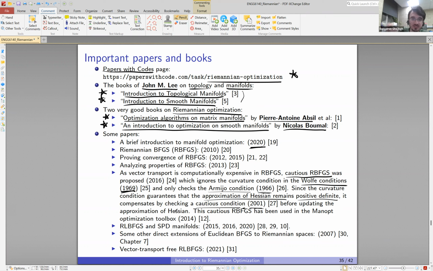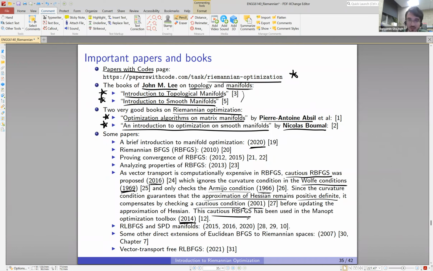Because BFGS is a quasi-Newton method, right? The cautious RBFGS has been used in the ManOpt toolbox nowadays. So ManOpt was proposed in 2014. Cautious RBFGS was proposed in 2016. When it was proposed in 2016, they updated the ManOpt toolbox to have cautious RBFGS.